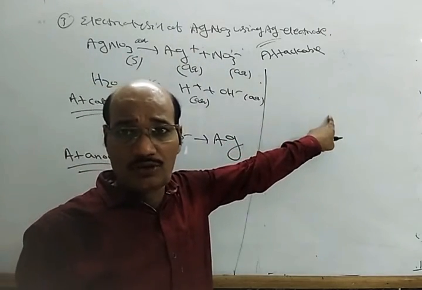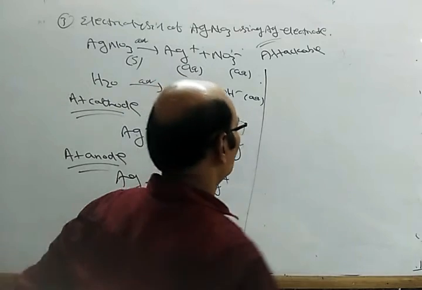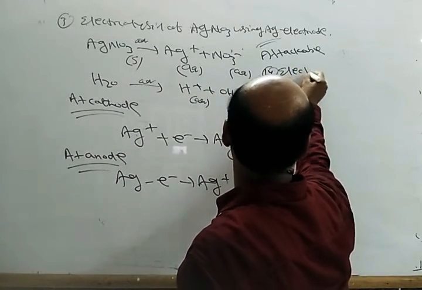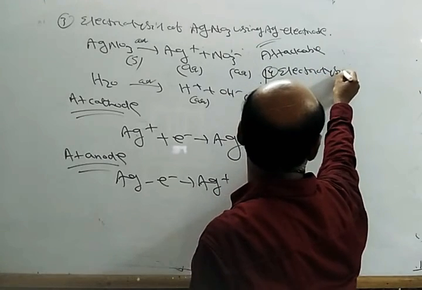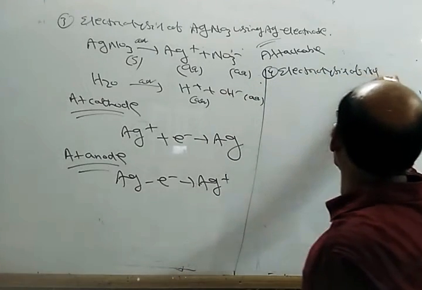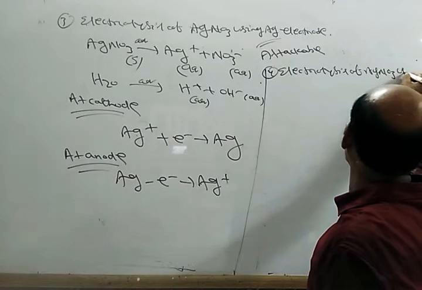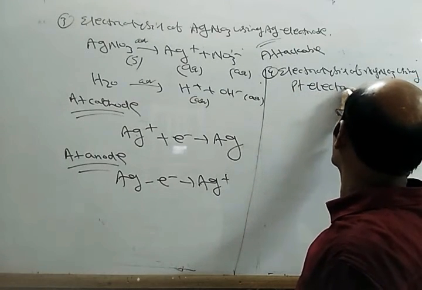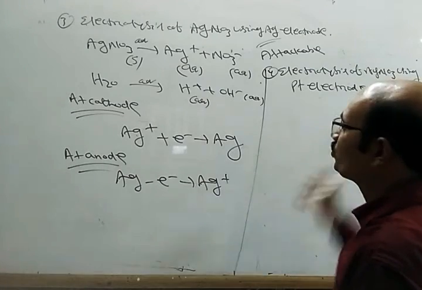Now you can do the same thing with a non-attackable anode, that is, your platinum electrode. Electrolysis of AgNO3 using platinum electrode. What happened?